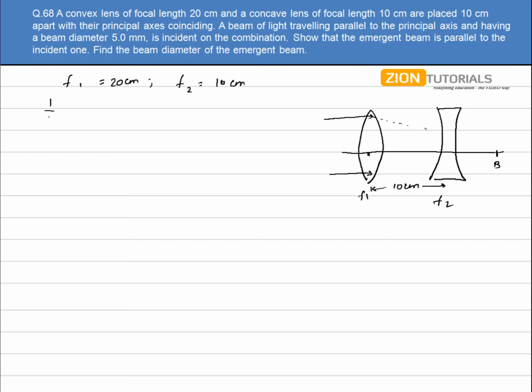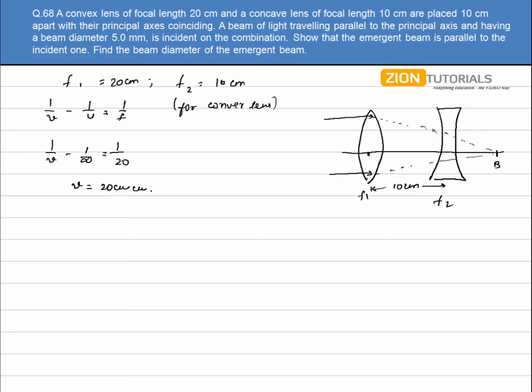So the rays will be converged to the point B. Alright, so I do have that 1 by v minus 1 by u is equal to 1 by f, that is, let's say, for the convex lens. If I substitute the values, that is, the object is kept at infinity and the focal length is 20, so the image comes out to be at 20 cm. That is where it is converging.